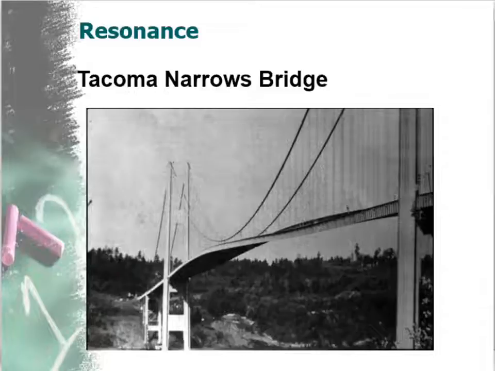People observed it twisting back and forth on a windy day across the Narrows, and this twisting motion just kept getting bigger and bigger until finally the bridge collapsed. Now, experts disagree as to how resonance played a part in the destruction of the bridge, but I think it did play a role.